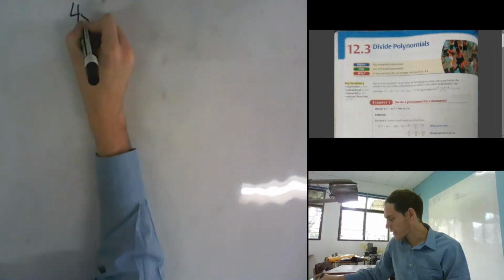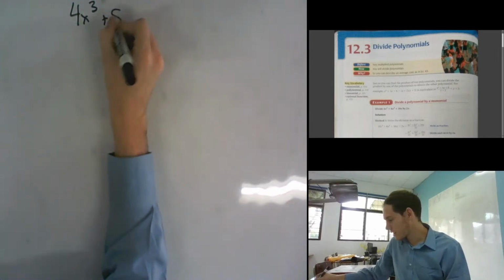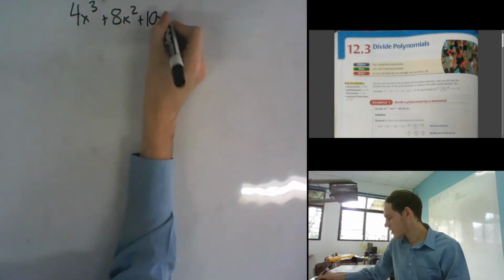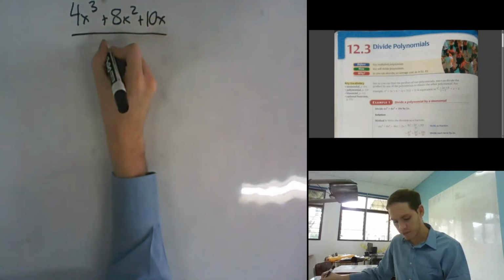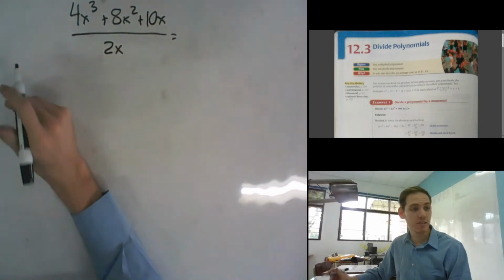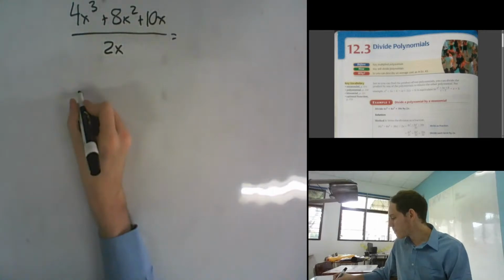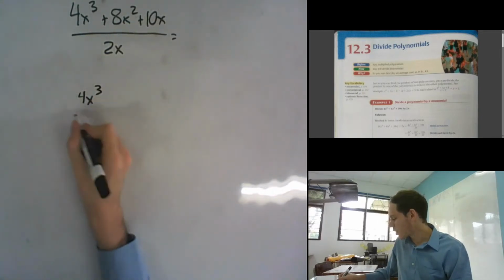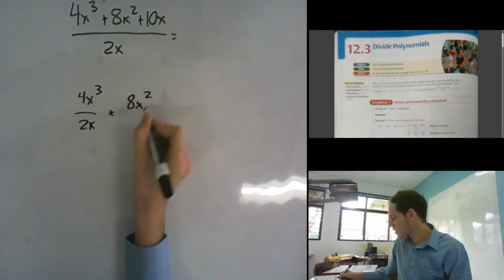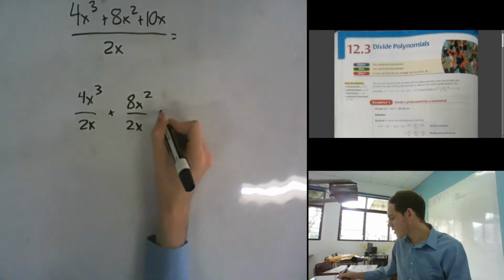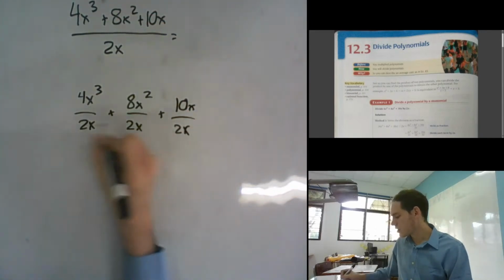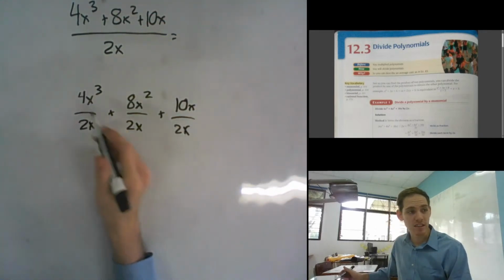So we have our 4x cubed plus 8x squared plus 10x, and division is just writing it as a fraction. Now if we were to write it as a set of different fractions, we would get 4x cubed over 2x plus 8x squared over 2x plus 10x over 2x. Now you would simplify this by canceling.